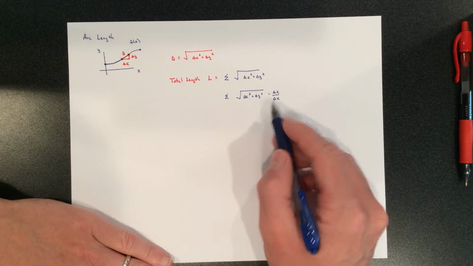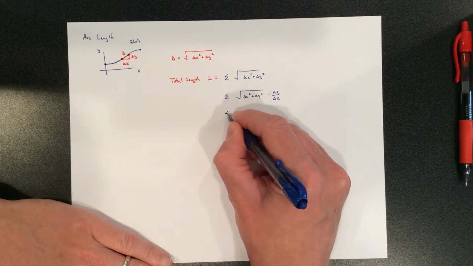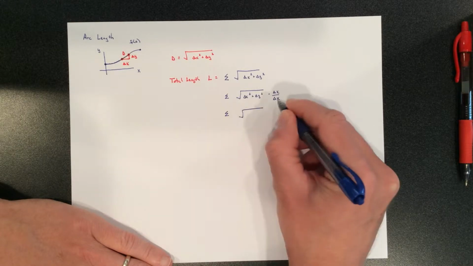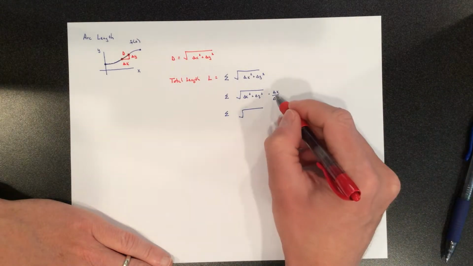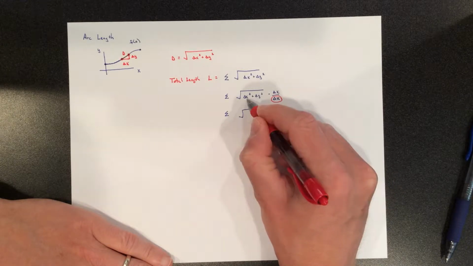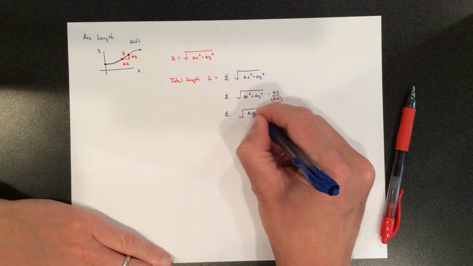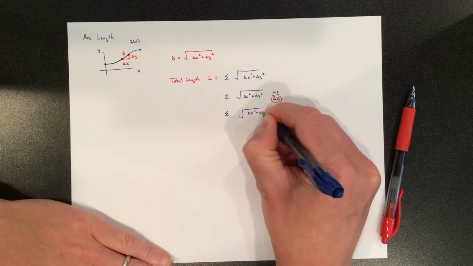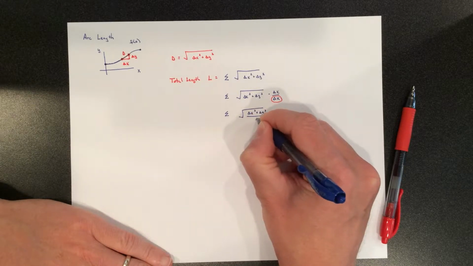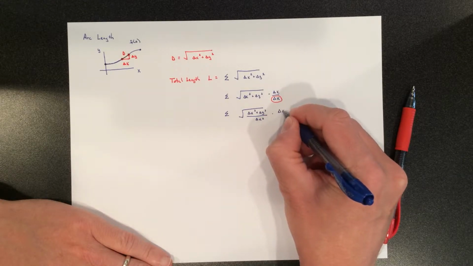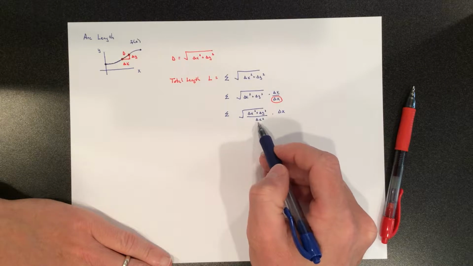But if I multiply top and bottom by delta x, I then can write this. And what I'm going to do here is I'm going to take this delta x, and I'm going to move it inside the radical. It's in the denominator, and so I'm going to write it as delta x squared plus delta y squared all over delta x squared. This delta x stays put. And some might think, well, why is it delta x squared?